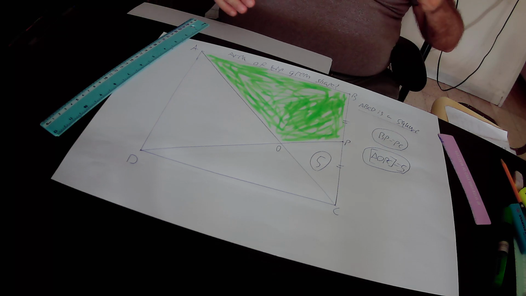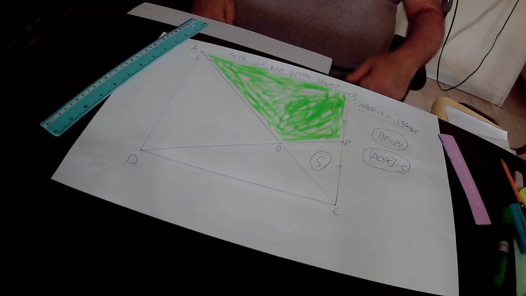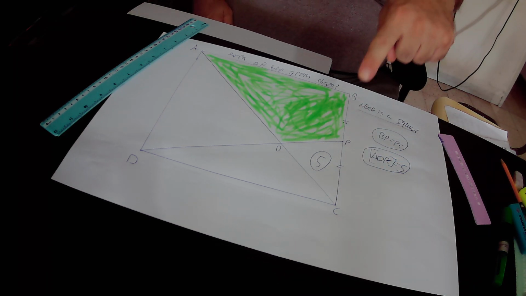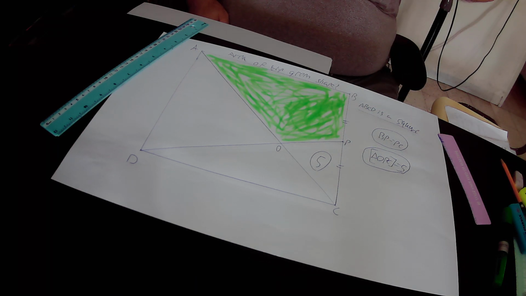So in the drawing, we have square ABCD. In addition, we know that line segment BP equals line segment PC. This triangle OPC is equal to 5 square units in its size. Again, our mission is to find out the area of this green shape.